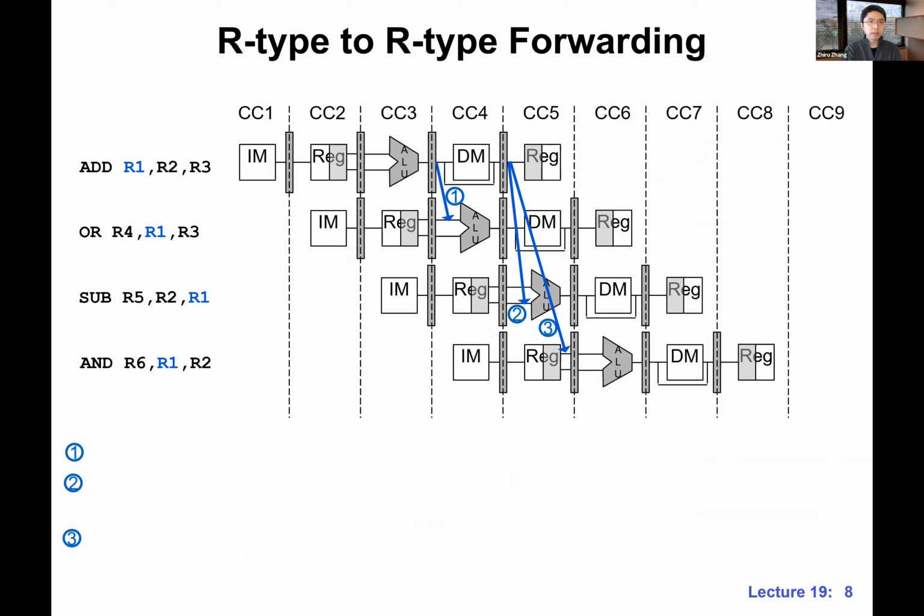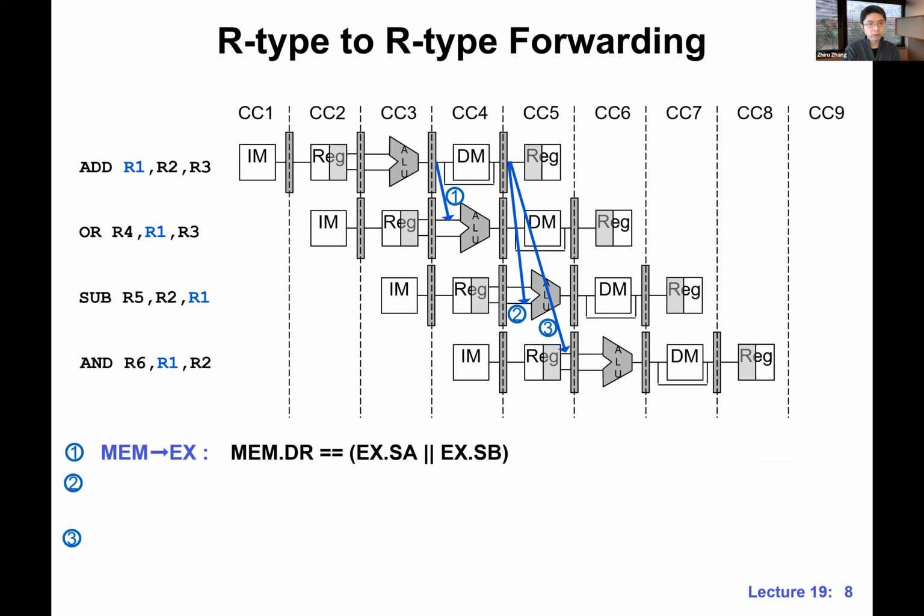Let's look at this R-type to R-type forwarding again. This is where we have three different scenarios. Later on, I need to make sure that you can name the forwarding path. This one is from mem to EX. This is how we name the forwarding path.